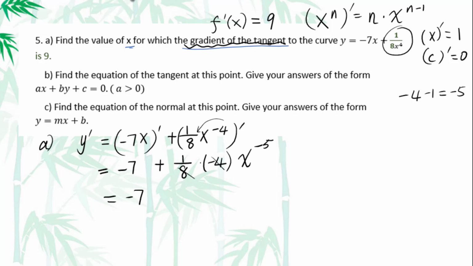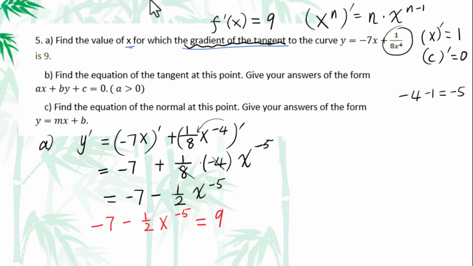Reduce, minus 1/2 x to the -5th power. Then we will make this -7 minus 1/2 x to the -5th power equals 9.